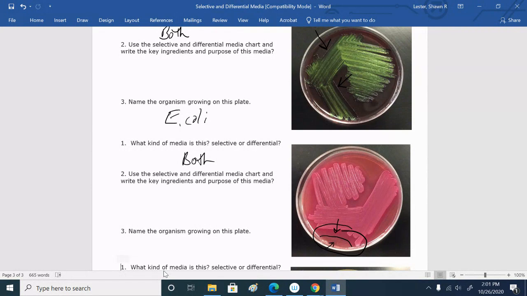So what organism do you think is growing on this plate? E. coli also. Now something like Enterobacter aerogenes would also have pink growth, but the agar is not typically pink. Enterobacter also likes lactose, but not as much as E. coli does. So there's not as much precipitating.